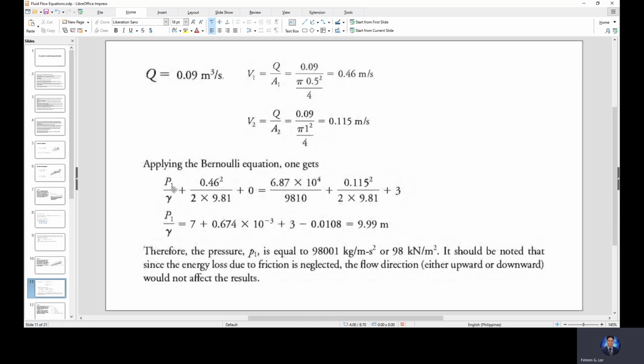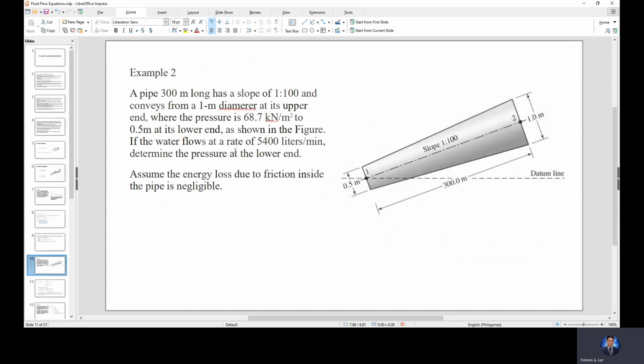For point 1, the pressure head we do not know. At point 2, the velocity head, we already solved that one, V squared over 2g. The elevation at point 1 we assume as 0. And the pressure at point 2, I think this is given in the problem: 68.7 kilopascal.